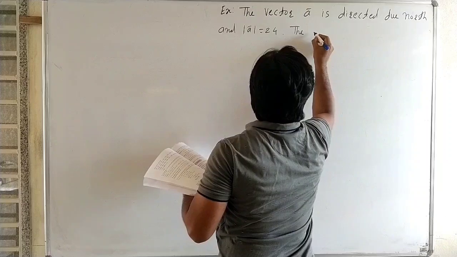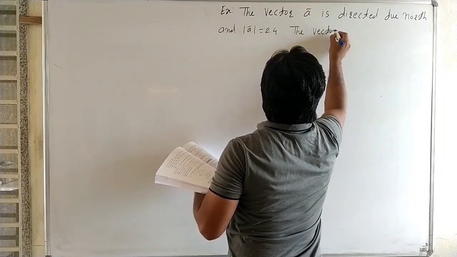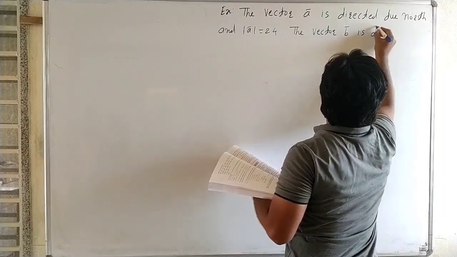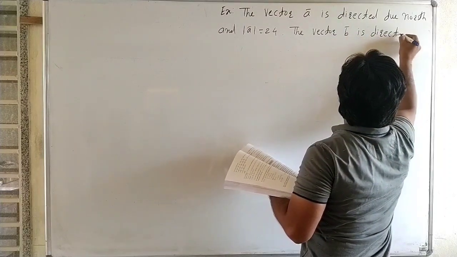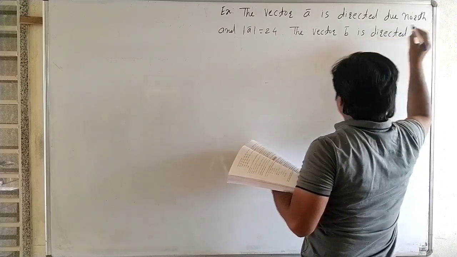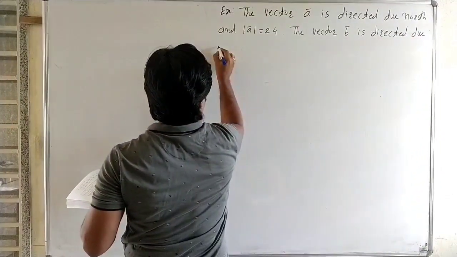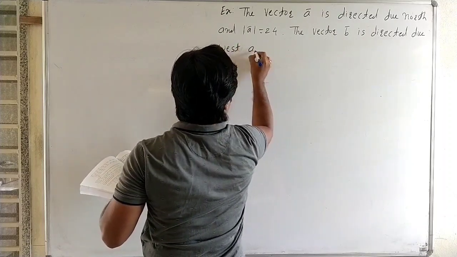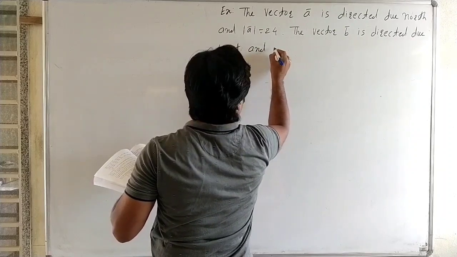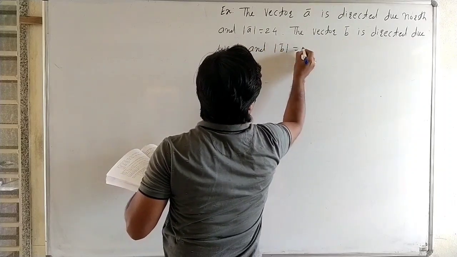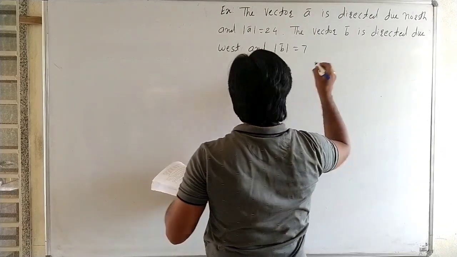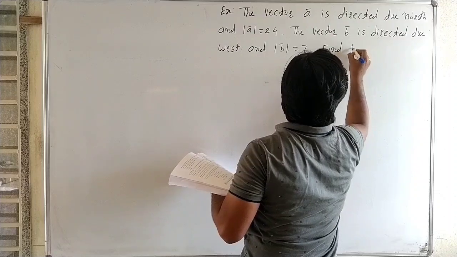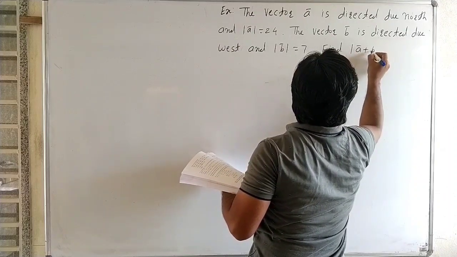The vector B bar is directed due west and the magnitude of vector B bar is 7. Find the magnitude of vector A bar plus B bar.